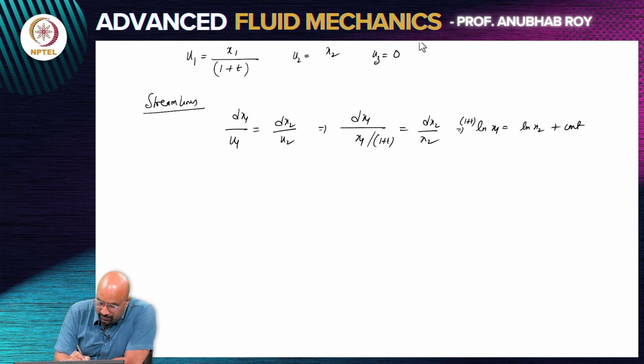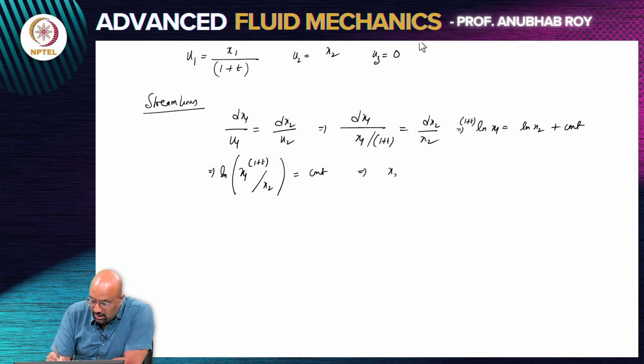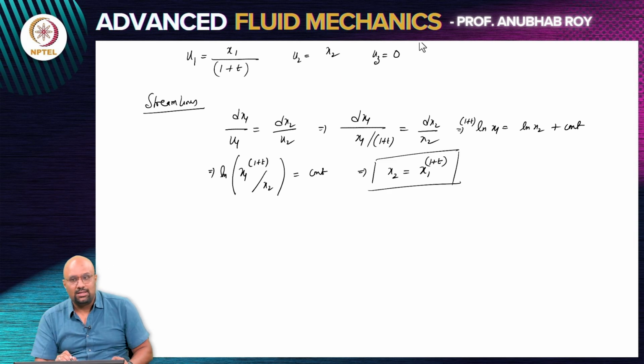So now, if you write this out, x1 raised to the power 1 plus t, I bring the logarithm to the other side, so is a constant, which gives me the streamline equation to be x2 equals a constant times x1 raised to the power 1 plus t. That's the equation for my streamline.